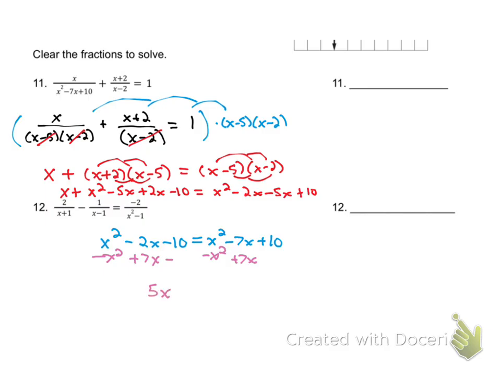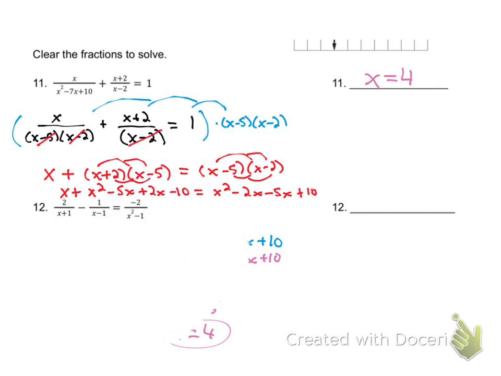And then I'm going to add 10 to the right side to get 20. Divide by 5. X equals 4. All right, number 12. Remember, you can go back and watch this.